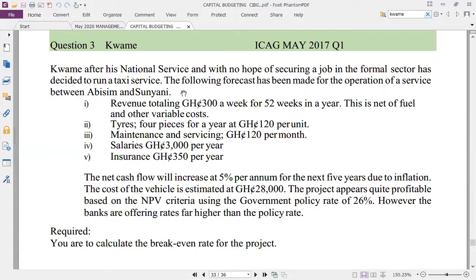Tyres, 4 pieces for a year at 120 per unit. Maintenance and services, 120 per month. Salaries, 3,000 per year. Insurance, 350 Ghana cedis per year.